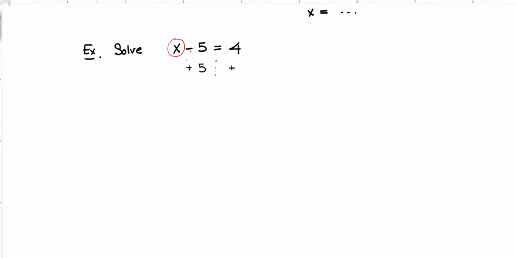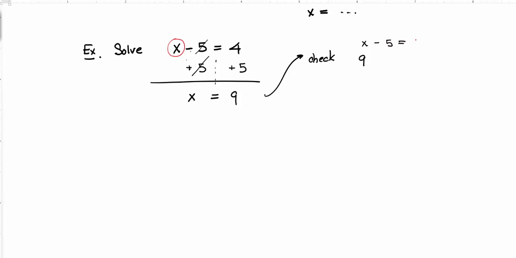What I do to one side of the equal sign, I have to do to the other side. And I like to write this vertically because now I see this minus 5 and this plus 5 cancel out to be 0. And now I have x on one side with nothing else there, and that equals 4 plus 5, which is 9. And I can always check this. I have x minus 5 equals 4.